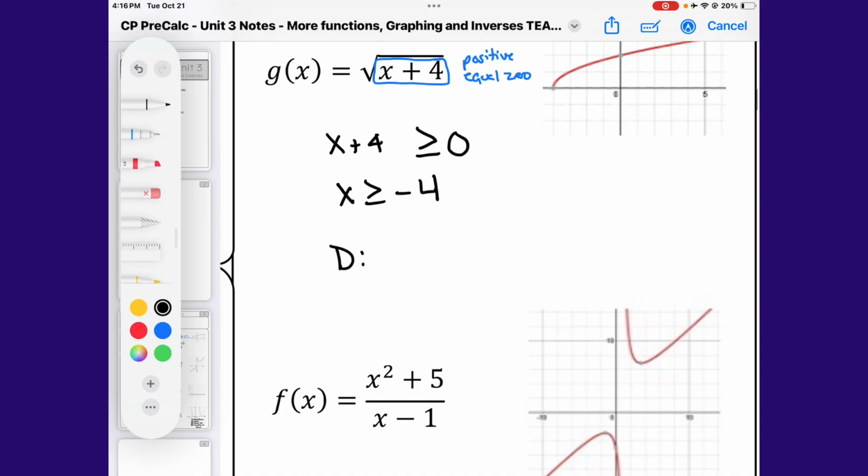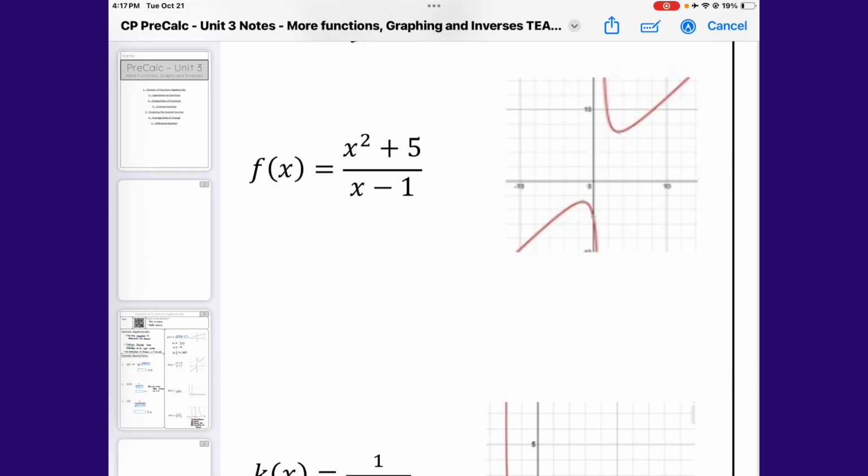So as long as our x value is from negative 4 to infinity, then it's okay. If we put a number back into this x value that is less than negative 4, like negative 12, we're going to get a negative, and you can't take the square root of a negative. So the domain of the function g of x is equal to the square root of x plus 4 is negative 4 to infinity.